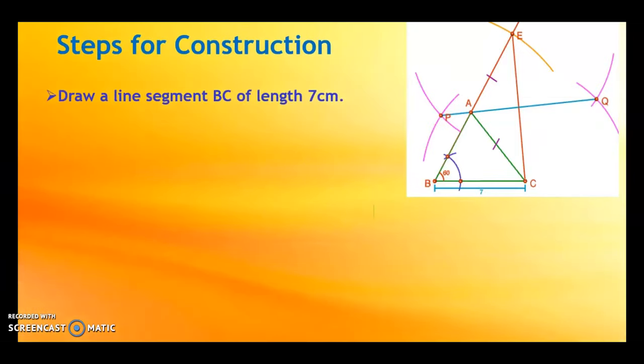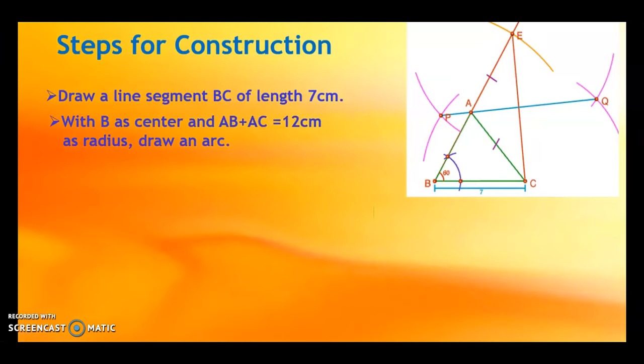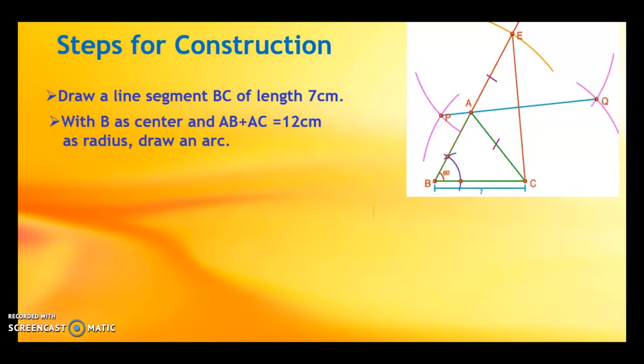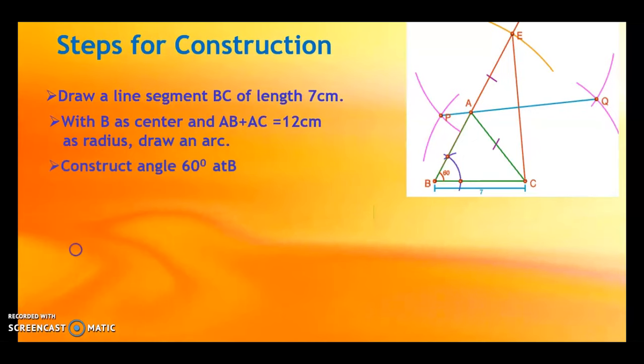Let us write the steps for construction. First step, draw a line segment BC of length 7 centimeters. Then with B as center and AB plus AC, which is equal to 12 centimeters here in this case, as radius, draw an arc.